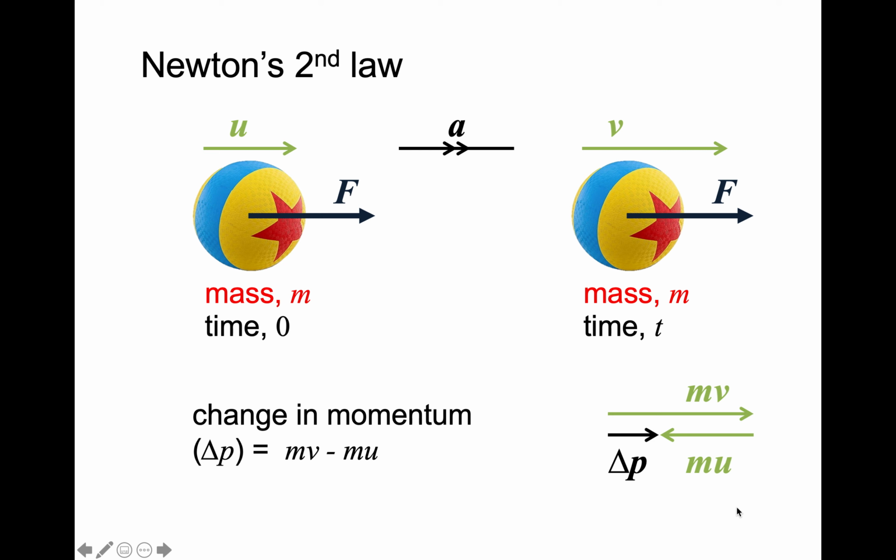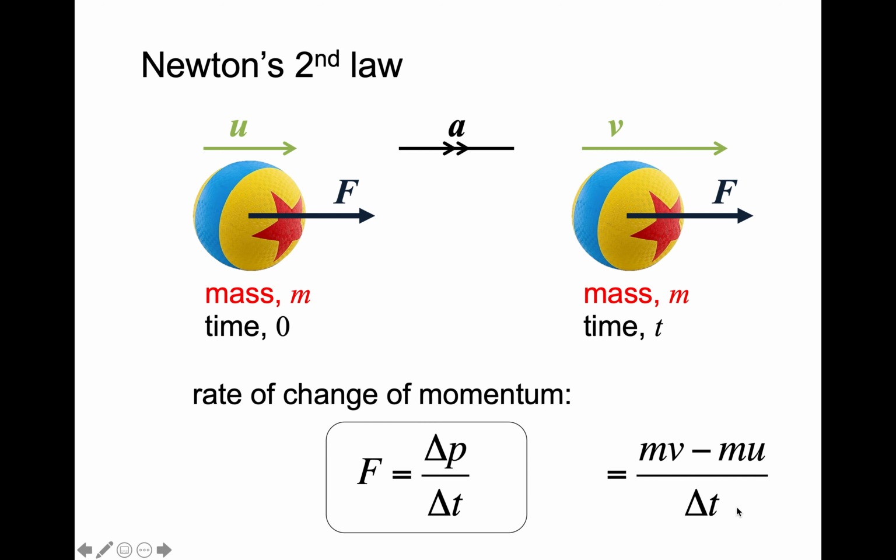We can see how that works as a vector in this fairly simple forwards and backwards situation. Putting it into more traditional symbols, F equals delta p over delta t, where p equals mass times velocity. So the change in momentum equals the final momentum, mv, minus the initial momentum, mu, divided by delta t.